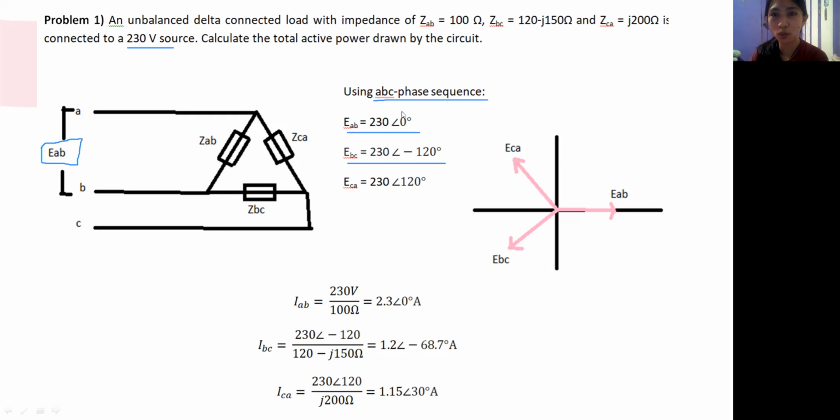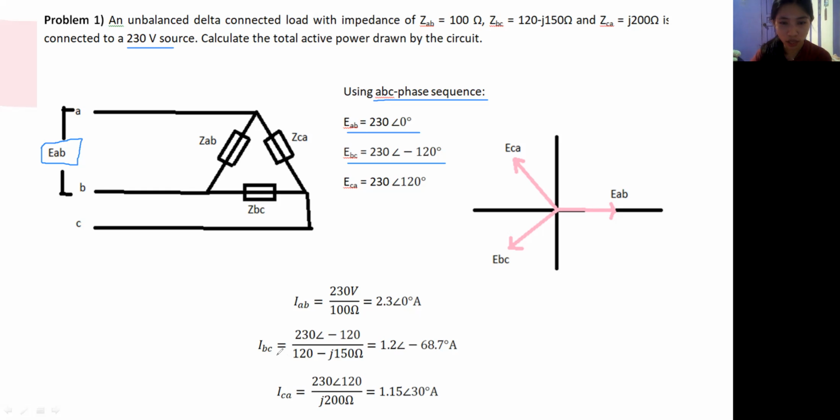It is just 230 volts over the impedance, which is 100 ohms. We have listed the values already. If you calculate this, you'll get 2.3 angle 0 amperes.